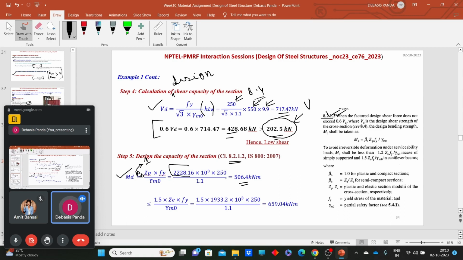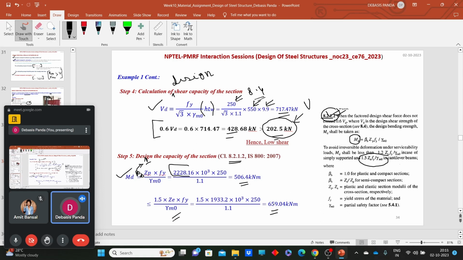Now this is a cantilever beam. This clause also says that your Md value should be well within 1.5 Zе fy by gamma m0 for cantilever beams. So now what is the value of this 1.5 Ze fy by gamma m0? If we calculate that, the value comes at 559.04 kilonewton meter.